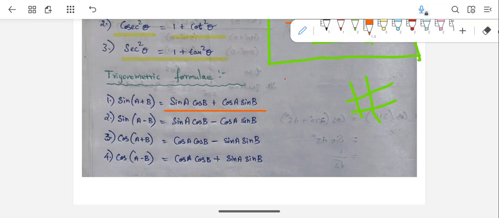A plus b means, in the last class we have seen, right? So we will have angles like 135 degrees, right?